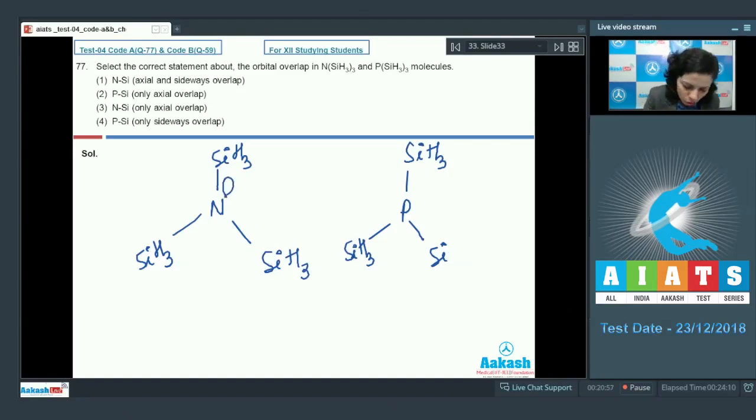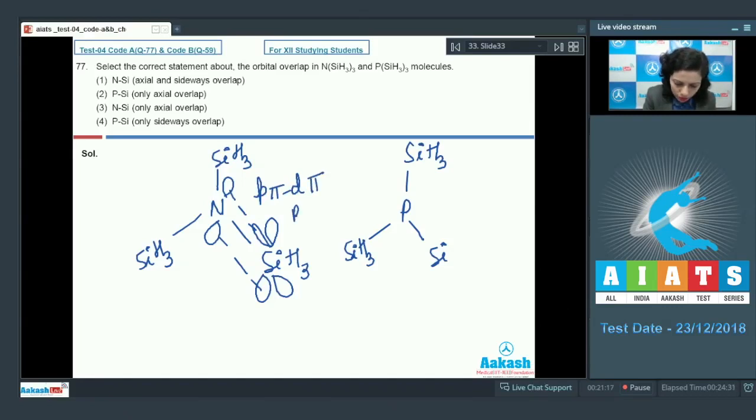In this case, nitrogen has its p orbital while the silicon has the empty d orbital present here, and there is the back bonding of electron. This lone pair of nitrogen is shared with silicon to form p pi d pi back bonding. While in this case, extent of back bonding is less due to large size and less electron density on phosphorus.